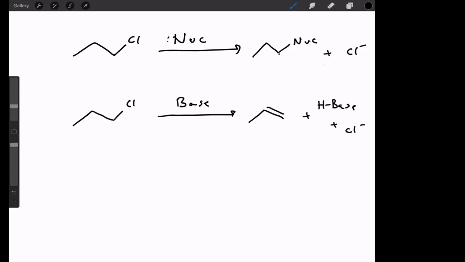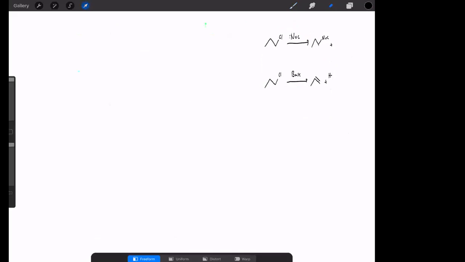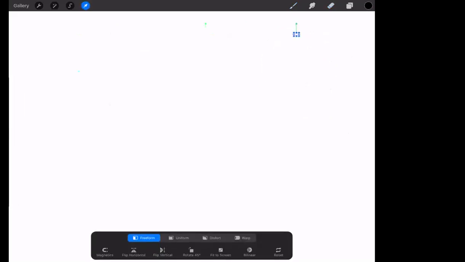These are the two essential reactions that we're going to discuss in this chapter, but there's a lot of detail involved with these reactions. My goal for the day is to get through Sn1, Sn2 and E2 reactions.